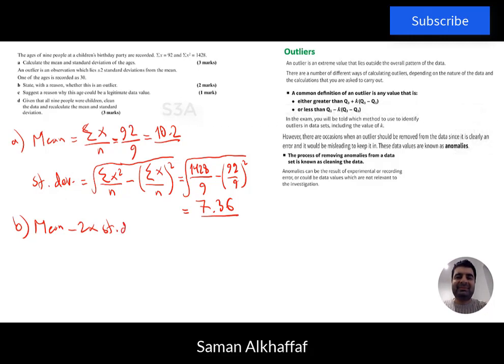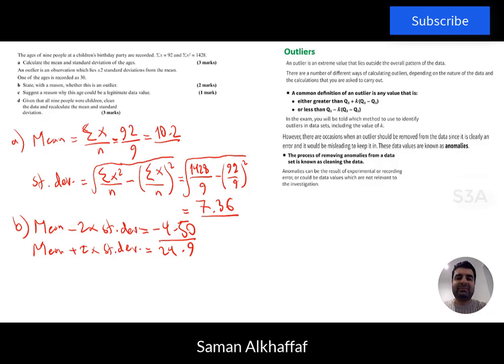That would give us, when we plug in the values, minus 4.5. And when we use the positive, the mean plus 2 multiplied by the standard deviation, that would give us 24.9.